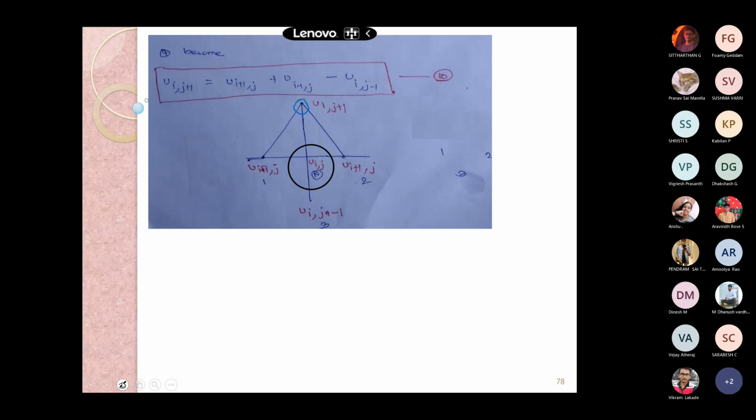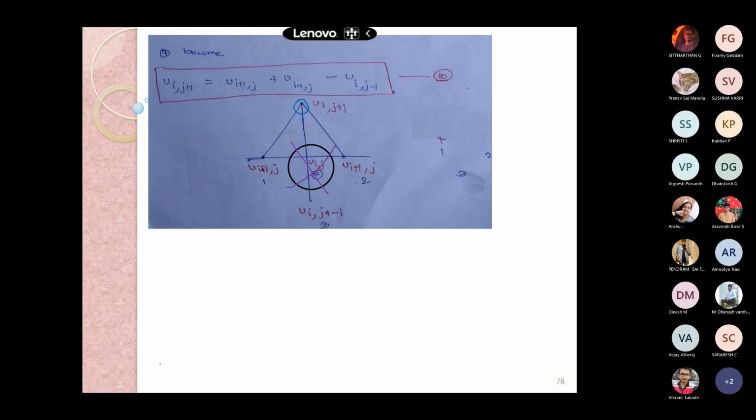And the formula can be further understood. This is the first point, u of i minus 1 comma j, and we don't have any term with u i comma j. Therefore don't take this intermediate point. Only you need to take u i minus 1 comma j, on the right side u i plus 1 comma j, and the term with the coefficient of minus 1, 2 and 3.